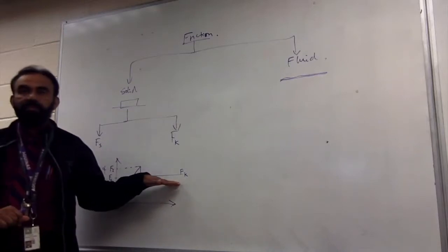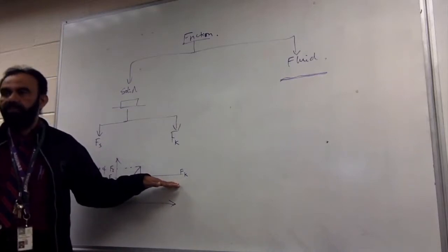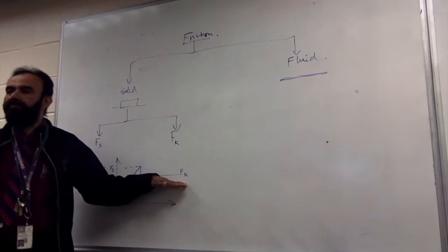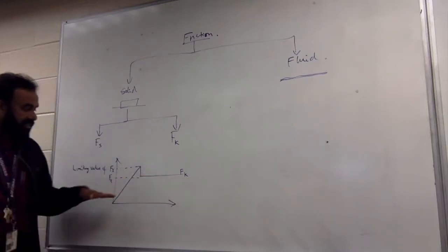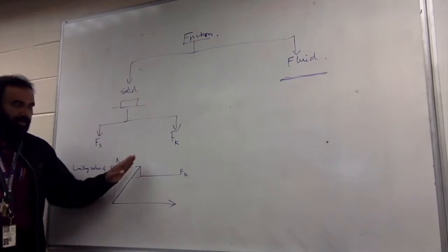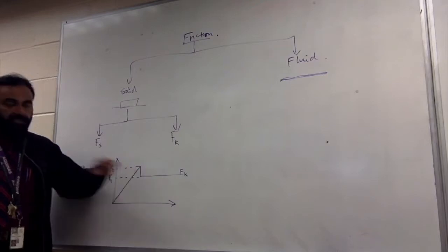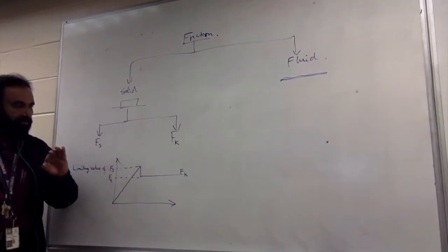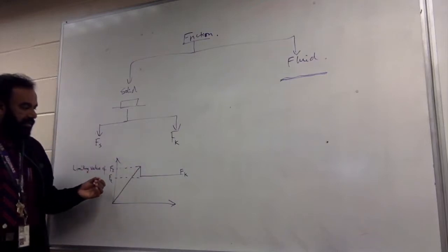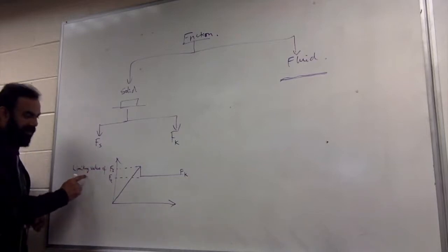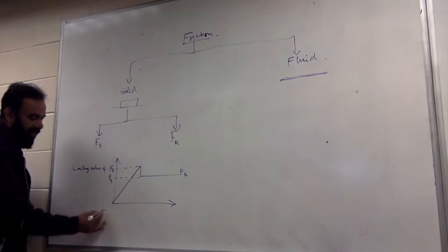The kinetic friction is a single number, whereas static friction can take numbers from 0 to a max. Is that clear? Kinetic friction is just one value. And the static friction can build up to a maximum value of limiting friction, that is, the Fs.